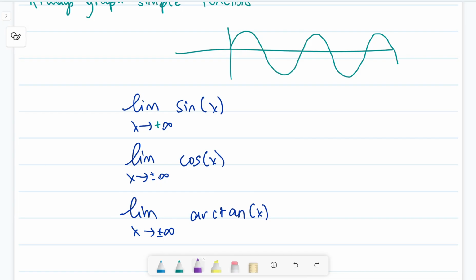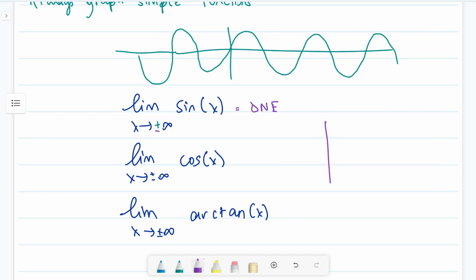Therefore, the limit does not exist. The same thing happens if we are looking at x approaching negative infinity. It will keep on alternating. Therefore, the limit also does not exist.